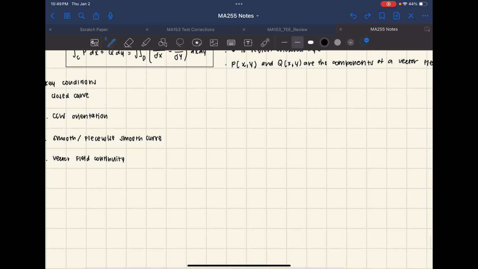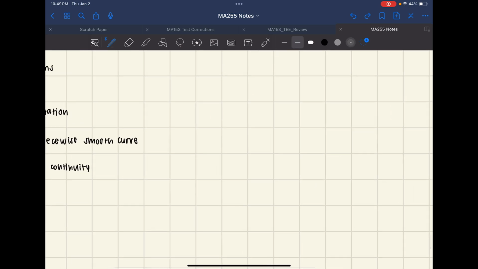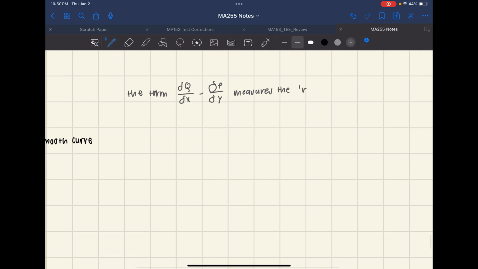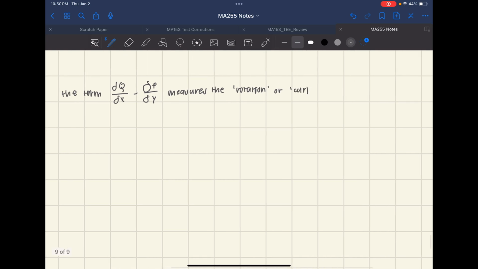For example, the term measures the rotation or curl of the field inside the region.